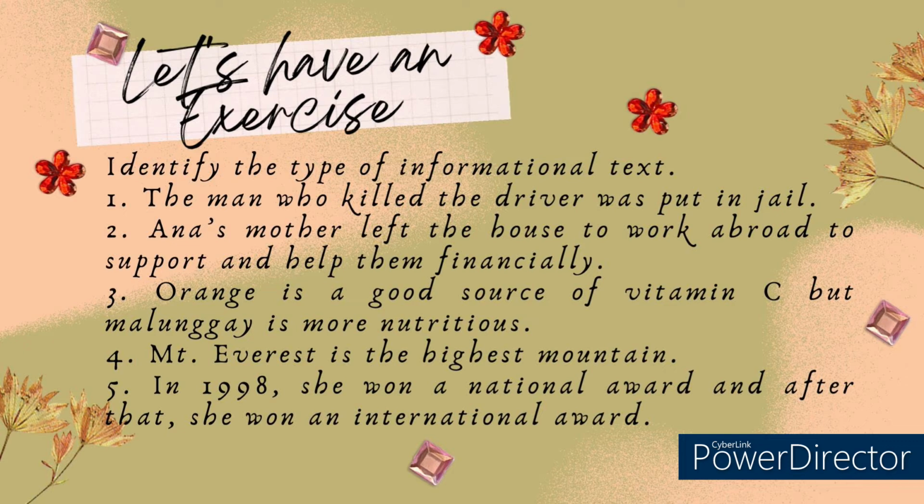Number 2, Anna's mother left the house to work abroad to support and help them financially. Number 3, orange is a good source of vitamin C, but malunggay is more nutritious. Number 4, Mount Everest is the highest mountain. Number 5, in 1998, she won a national award. And after that, she won an international award.